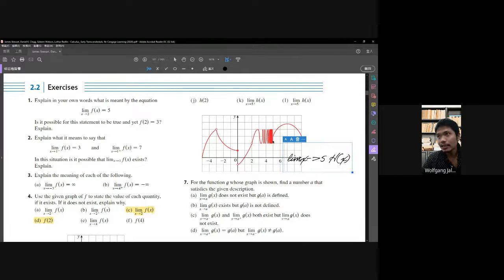But the problem is we call it oscillation. Because of the oscillation, we cannot pinpoint what the value at 5 is. So in this condition, we also say that the limit doesn't exist, even though it is continuous. The left and the right side will be the same, but it still doesn't exist.